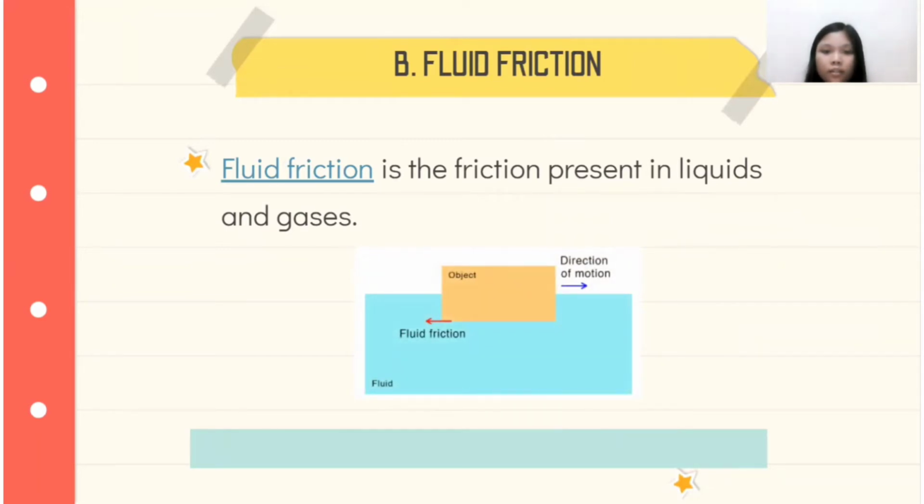The object is moving to the right, but the fluid friction is moving to the left. This means that fluid friction acts in the opposite direction to the motion. For example, riding a bike, surfing, swimming, skydiving, and so on.